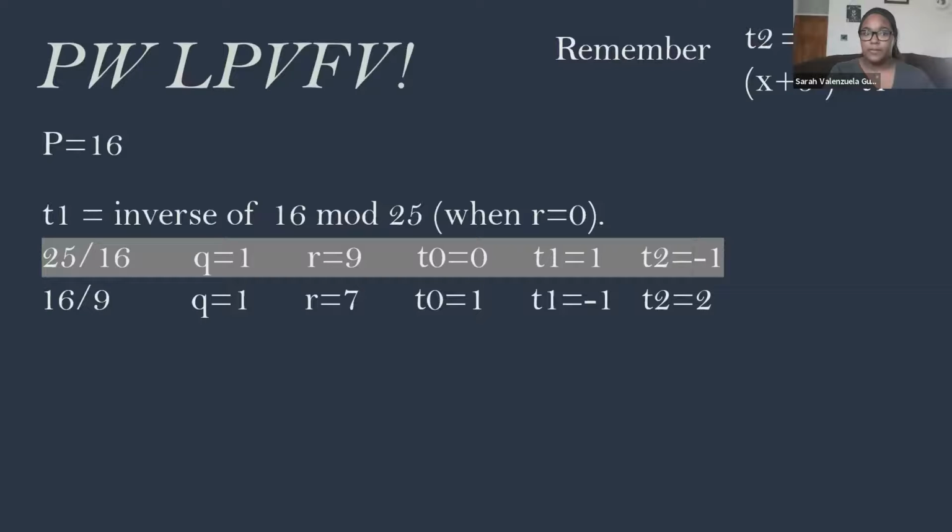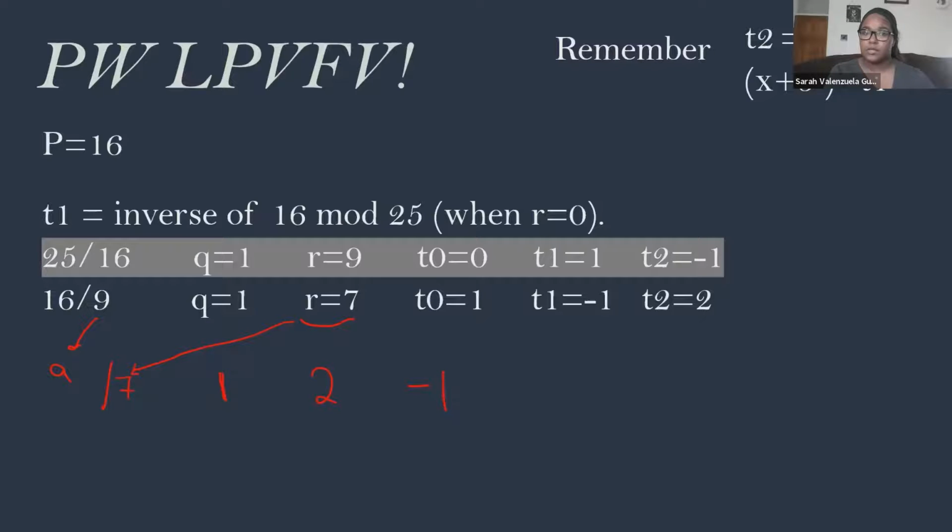And we have to keep going because our remainder is not 0. So in our next row, we know that our B is going to be our A. The remainder is going to be the divisor. Then 9 divided by 7 has a quotient of 1 and a remainder of 2. Then again the same happens with T0 and T1.